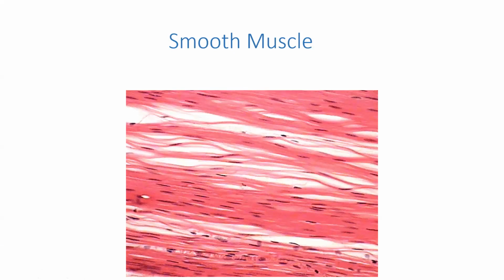Smooth muscle shows up in bands around the blood vessels and around the digestive system. I'll show you here.